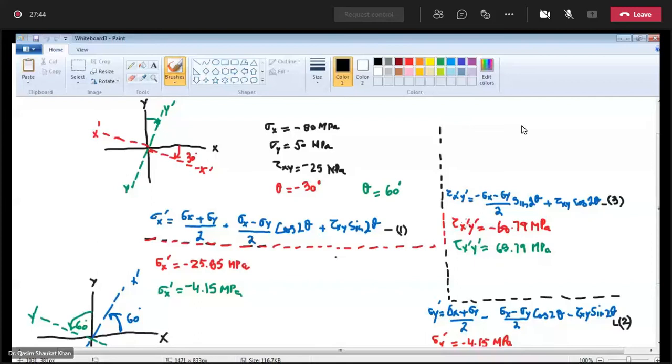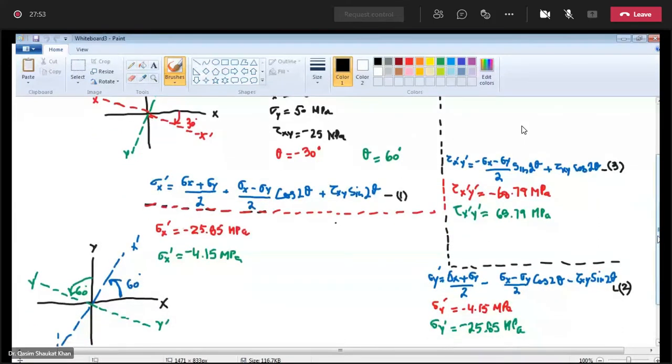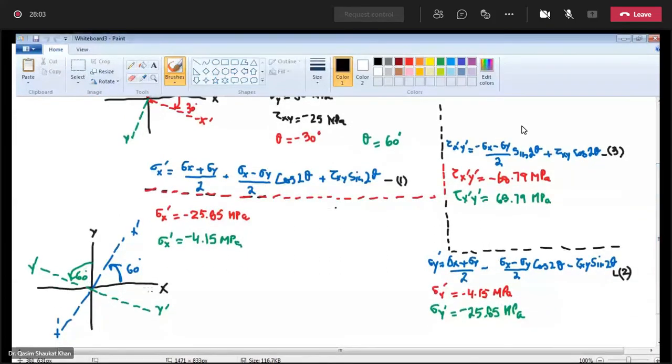Now we are going to repeat the same question with the same data. The only difference is that instead of having my x dash axis rotated at an angle 30 degrees clockwise, it is now rotated 60 degrees counterclockwise. You can call this part B of the question.